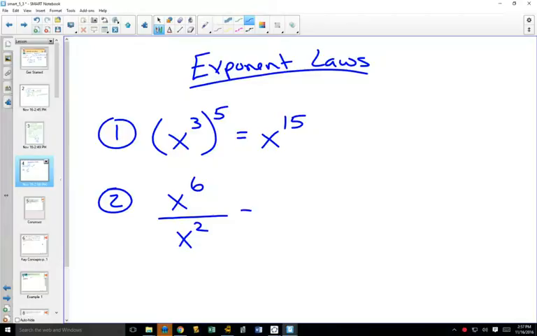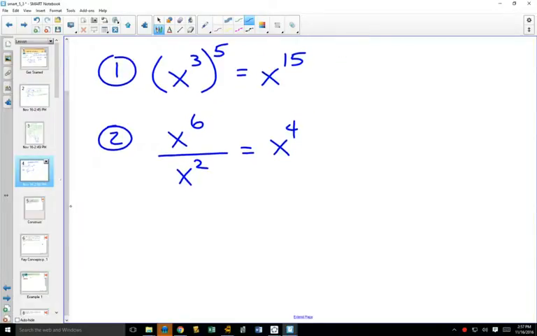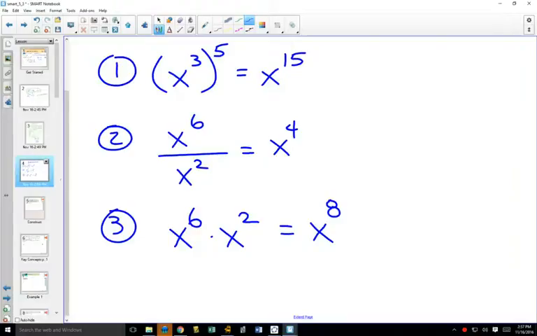You subtract. The opposite of that one. So if you're multiplying, and this only works if the bases are the same, then you add the exponents.